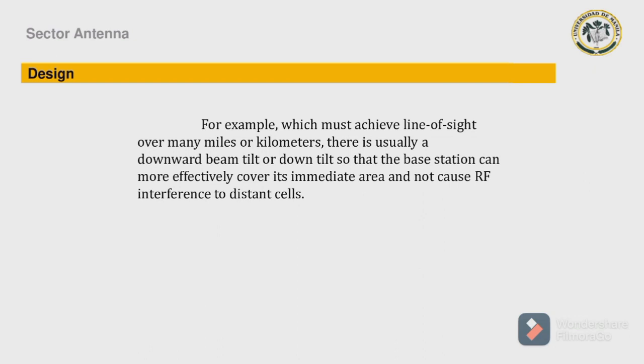There is usually a downward beam tilt, or down tilt, so that the base station can more effectively cover its immediate area and not cause RF interference to distant cells.